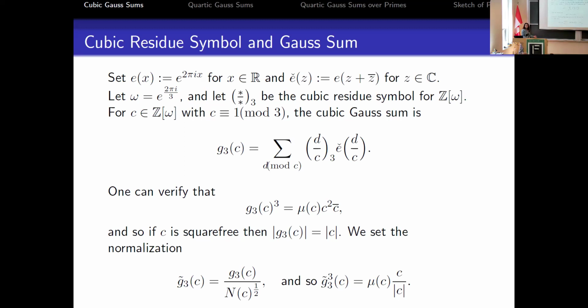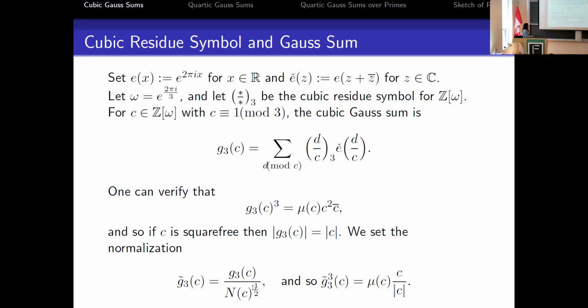So there's a natural normalization here. We introduce the normalized Gauss sum, G_3 tilde, which is the original Gauss sum divided by the norm of c to the 1/2. This way, the normalized Gauss sum has absolute value 1.